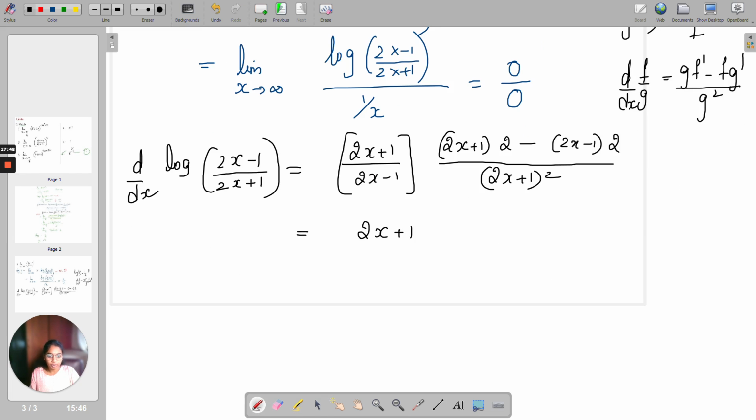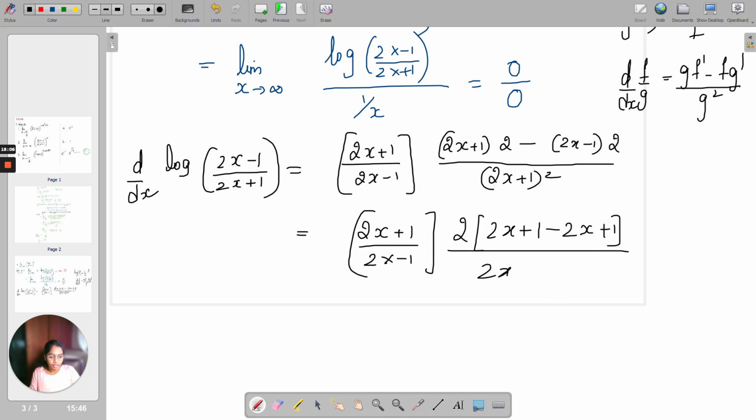So we would get 2x plus 1 divided by 2x minus 1 as it is, okay? And we have 2 into 2x plus 1 minus 2x plus 1 divided by 2x plus 1 the whole square.